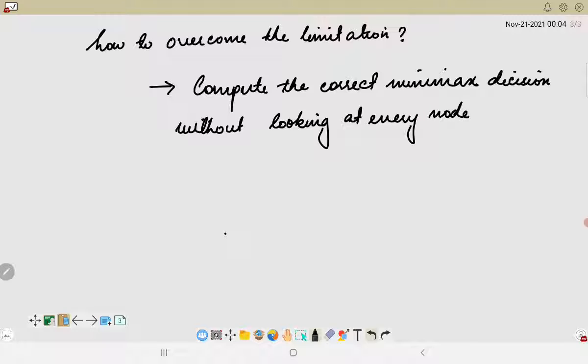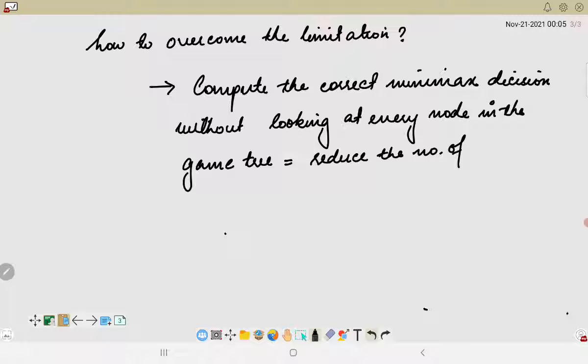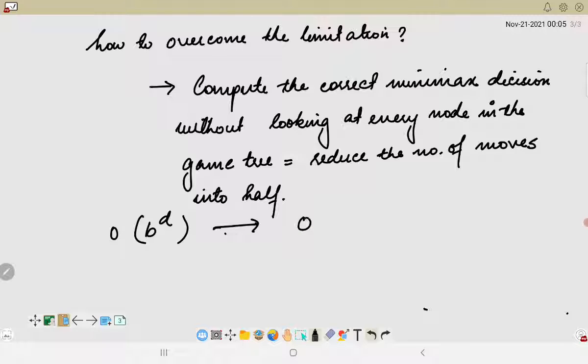If we are not considering each and every node in the game tree, we can reduce the number of moves to half. So if we are considering the original complexity associated with Minimax, b to the power d is reduced to b to the power d by 2.